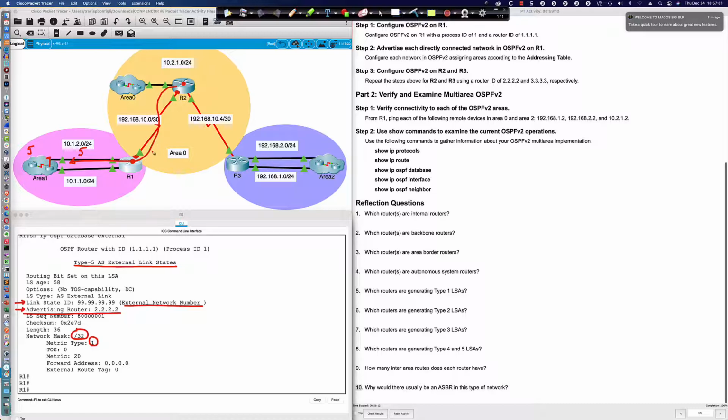They get a type 3 summary LSA over here, because these are internal area 1 routers. They don't have any type 1 or type 2 LSA visibility into area 0. So they're going to get this type 5 LSA saying, hey, if you need to get to the 99 network, just go to router 2. Or I should say, go to 2.2.2.2.